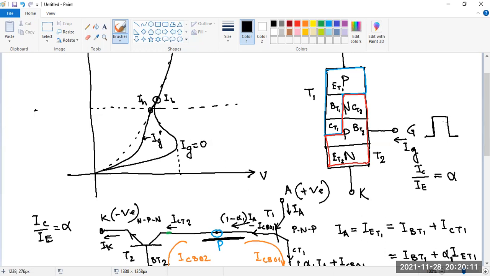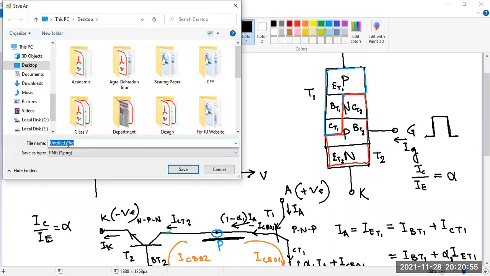The pulse width will be sufficient because you have to wait until alpha 1 plus alpha 2 reaches unity, or the device current reaches the latching current, or at least the holding current, you can say. Understood this point? Have you all understood? If not, tell me. It's a very important thing as far as the thyristor is concerned.